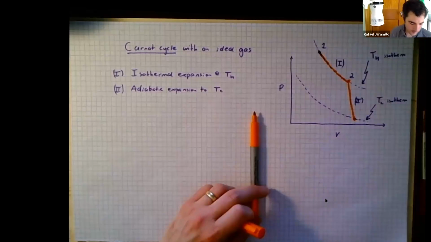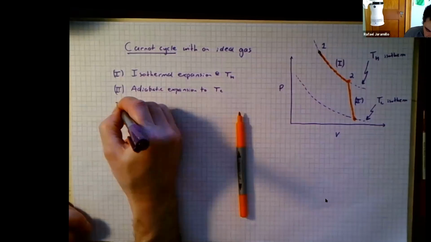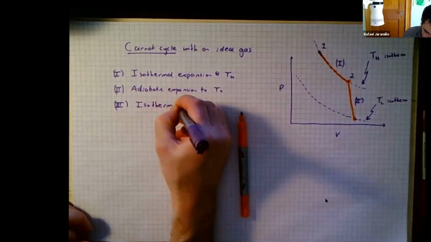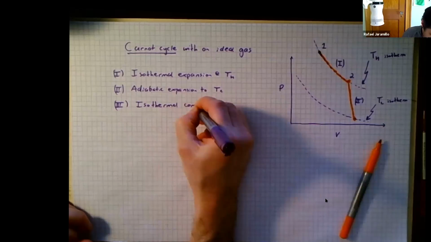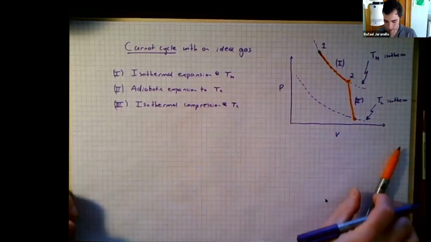All right, step 3. Isothermal compression at T sub C. So that's this.